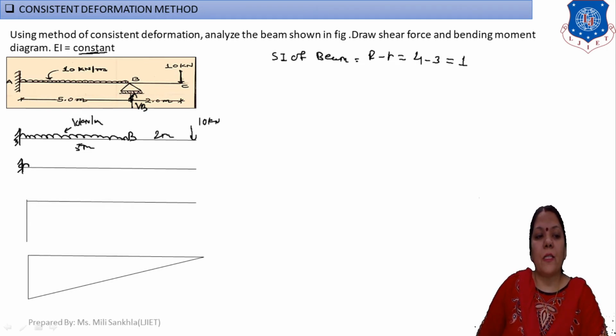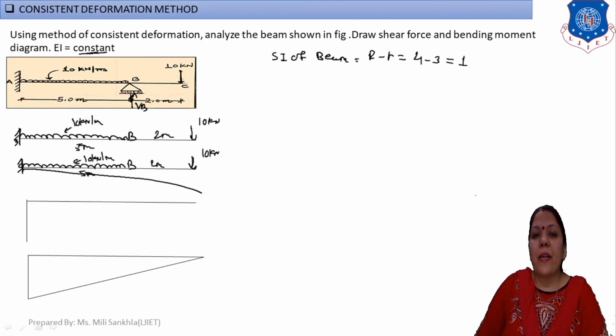Again in the third case, here we make the beam a statically determinate structure. In the third case, again we apply our UDL load, 10 kilonewton per meter. This distance is 5 meter, this distance is 2 meter, and the load is 10 kilonewton. Now because of this, the cantilever beam deflects this way, and this is the free end deflection.